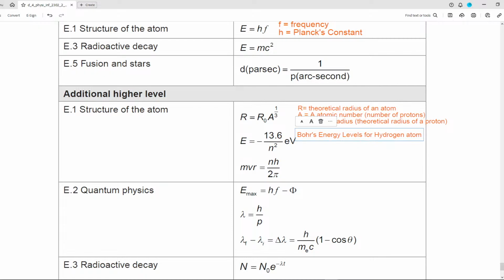It's very important to know that E here is the energy of the electron, and n here is the orbit number, or the quantum number of the energy level. The principal, the first energy level. eV is just the units there. This is 13.6, measured in electron volts.